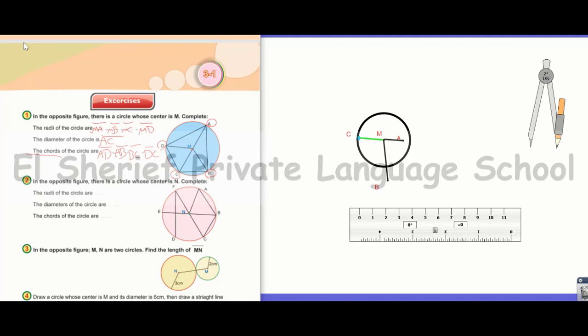So the radius is between the center and any point on the circle, the diameter is between 2 points on the circle and must cross the center, the chord is between any 2 points on the circle.